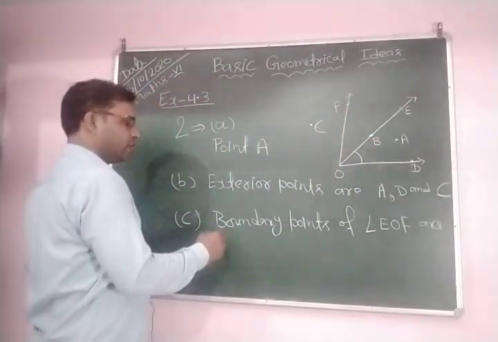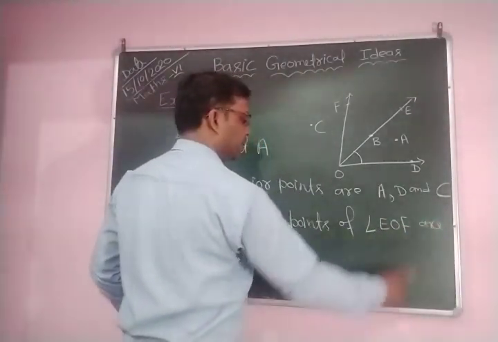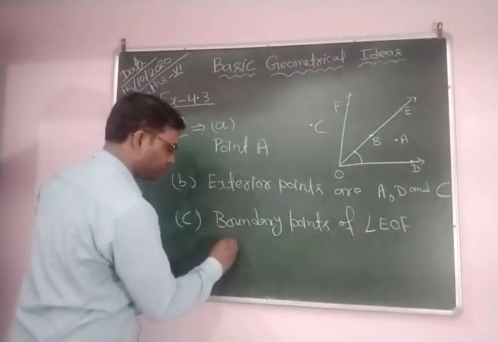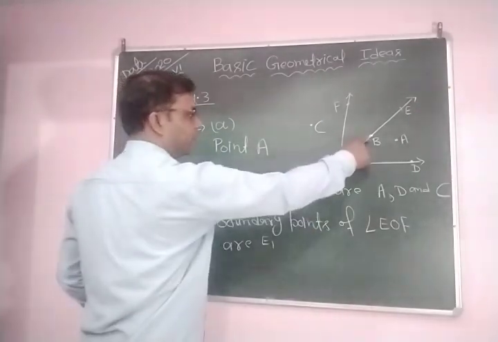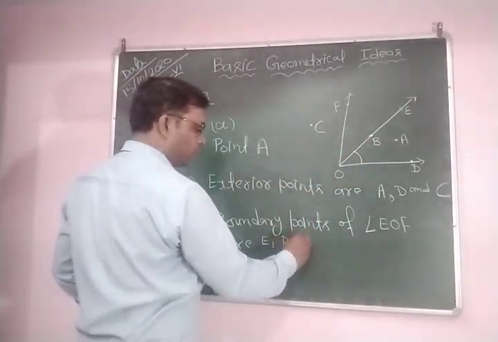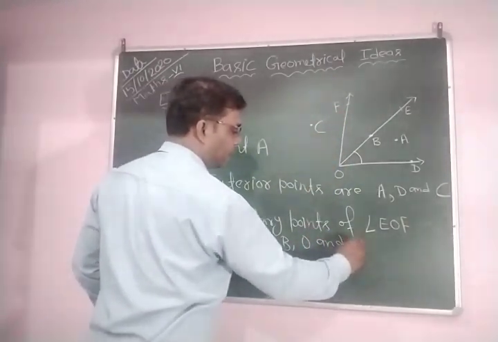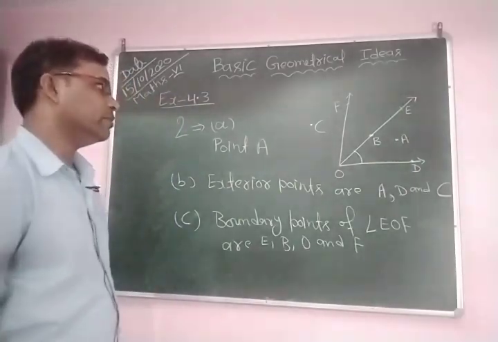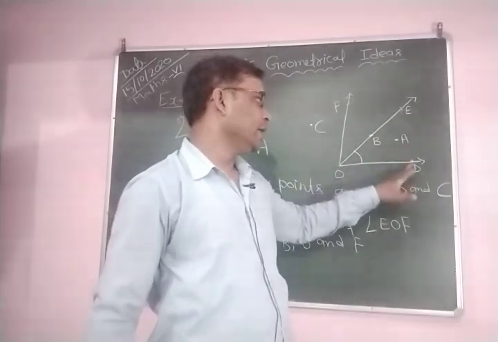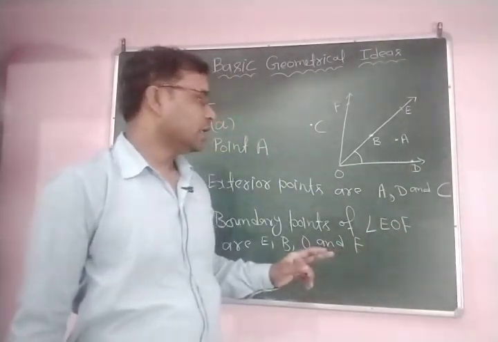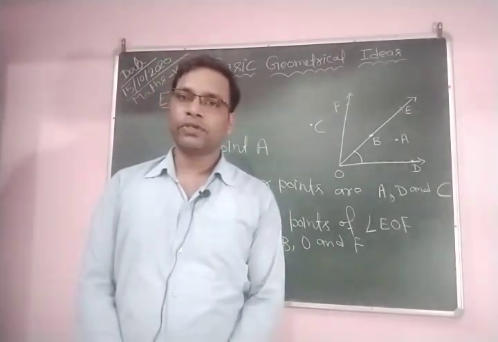So you can write here: boundary points of angle EOF are point E, point B, point O, and point F. And the other points C, A, D are the exterior points. Clear? So students, I hope all of you understood this question.